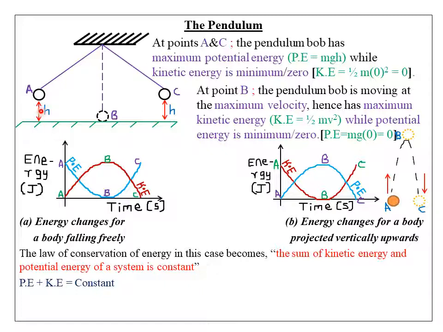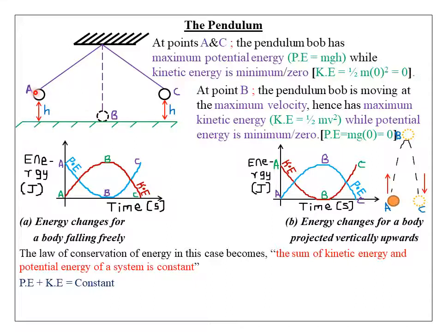So when the body is here, it has maximum potential energy. When it comes here, all the potential energy is converted to kinetic energy. Again, when it moves to point C, all the kinetic energy that it had at point B is converted to potential energy. So if you add the energy at point A and at point B, and also add the energy at point C, you will find the same value.